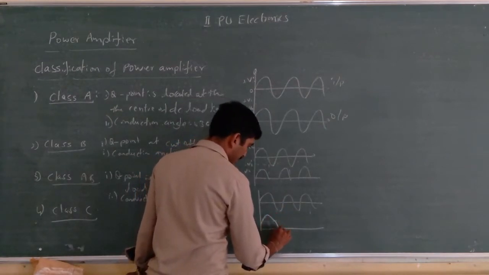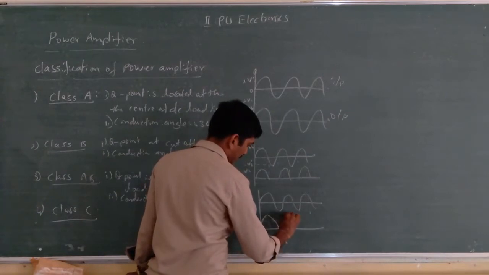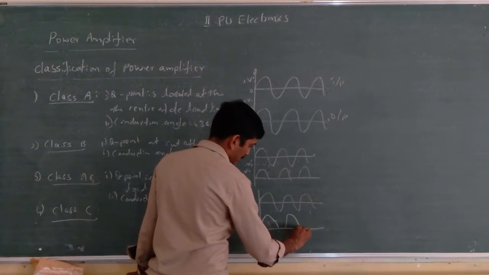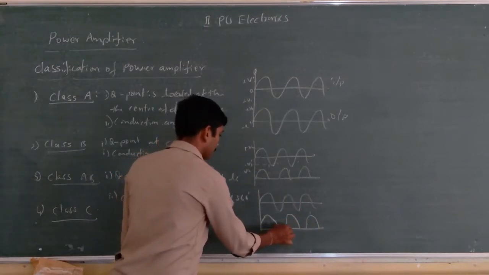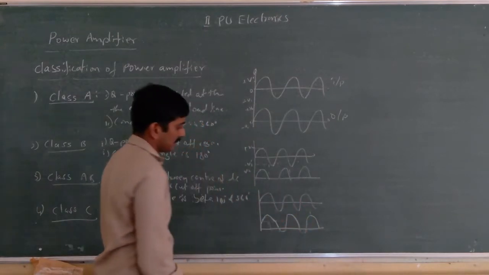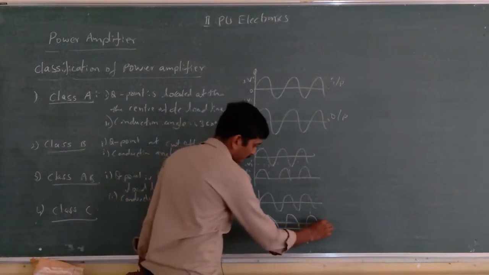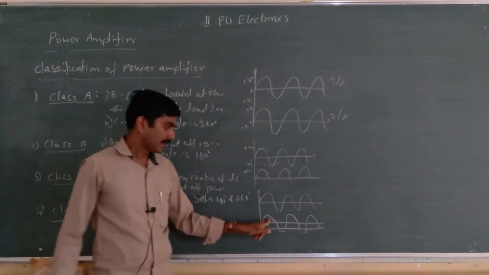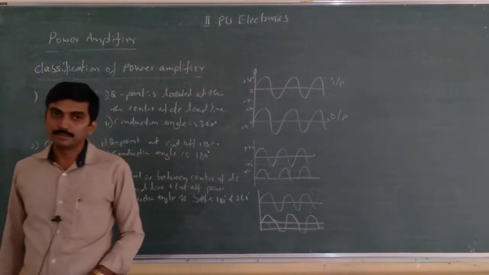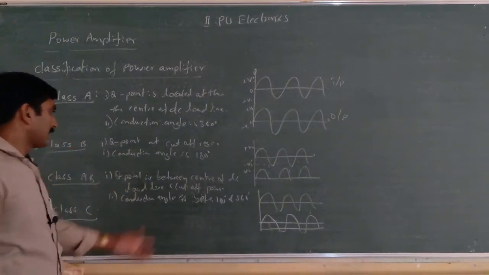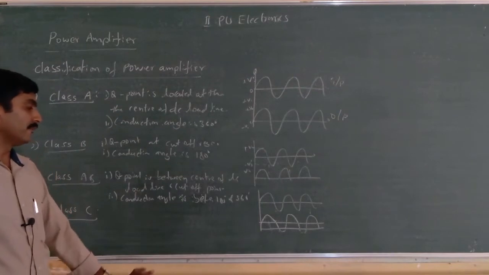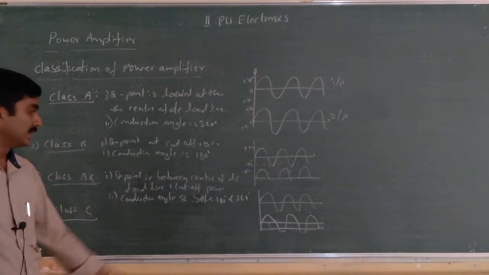The negative portion is clipped off here, and once again like this. A portion is clipped here like this. This is actually having the full positive half cycle and a portion of the negative half cycle. Therefore, the conduction angle is in between 180 degree and 360 degree.